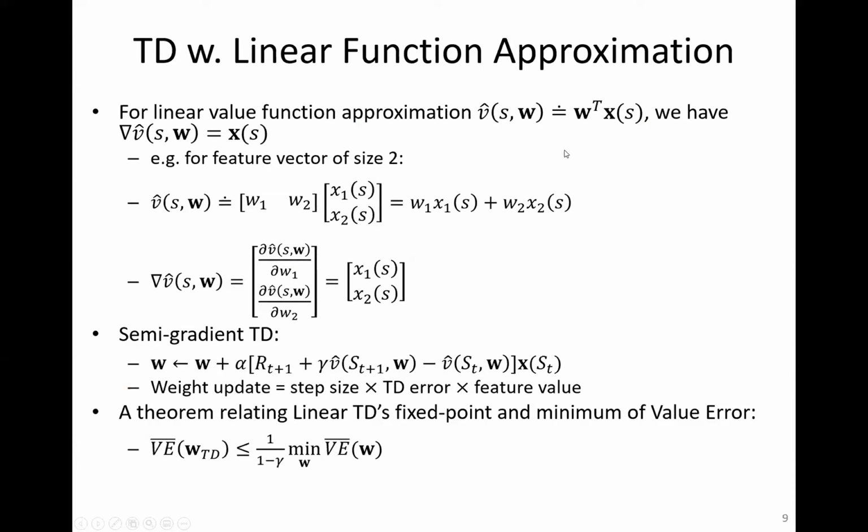The transpose notation just says it's a horizontally laid out vector. Without a transpose, it's a vertically laid out vector. So if you have a feature vector of size 2, then this value function is w1x1 plus w2x2.